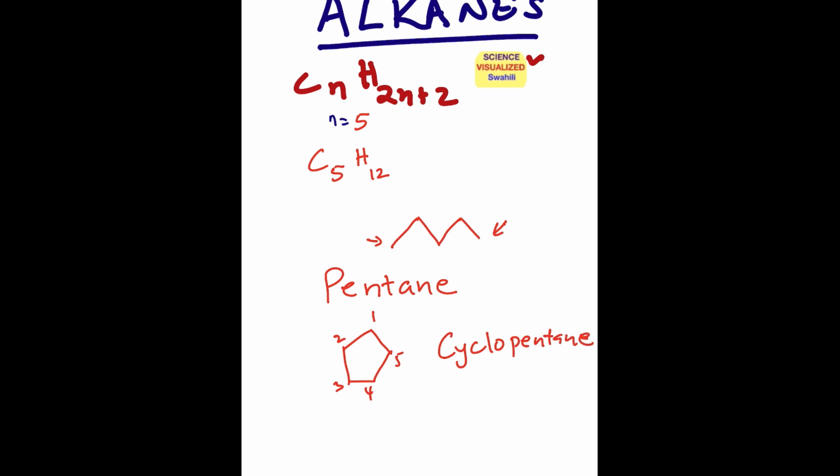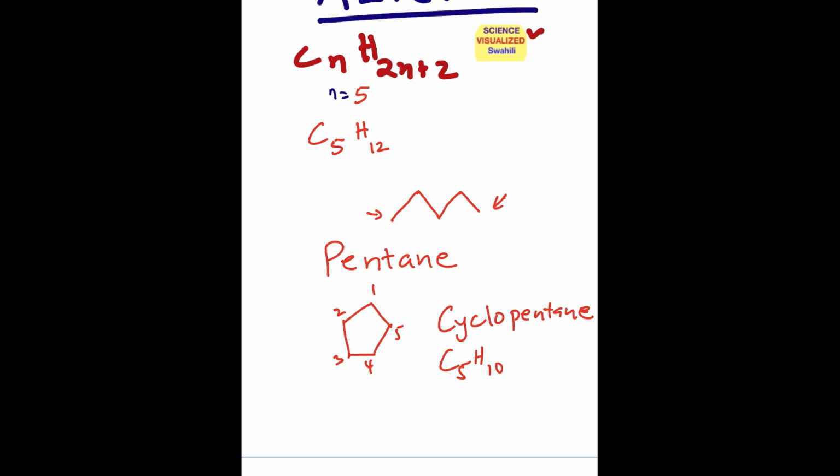And because we lost 2 hydrogens, the formula will be C5H10. So the general formula for cyclic alkanes is CnH2n.